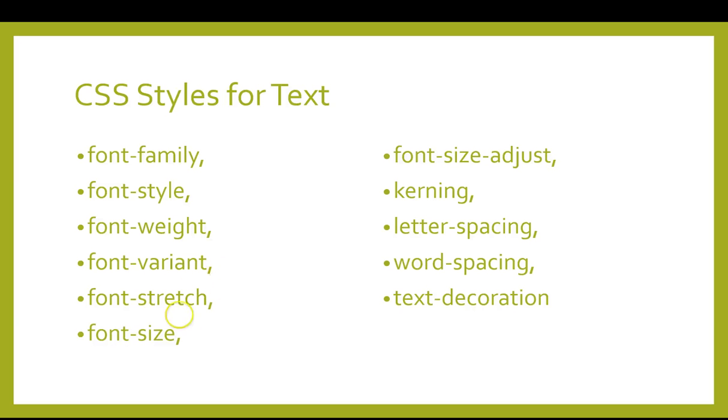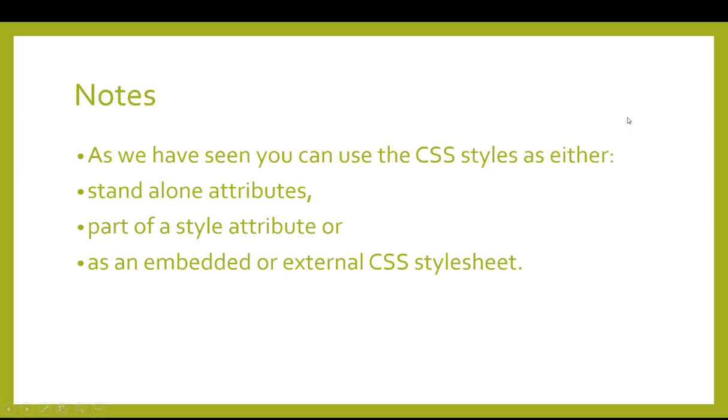Not sure what font variant is, or stretch. Font size, of course, we know. Not sure about font size adjust. I know what kerning is, but not what the kerning style does. And then letter spacing and word spacing, and the text decoration, which you can apply. So really these are things from CSS, but they'll work within the SVG.